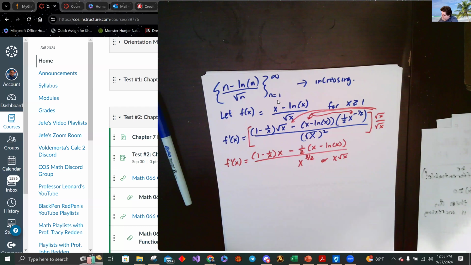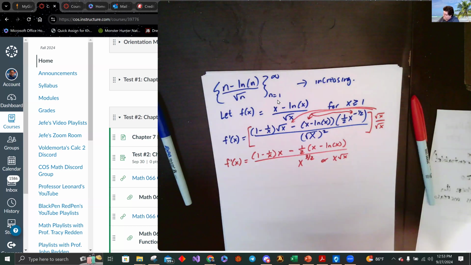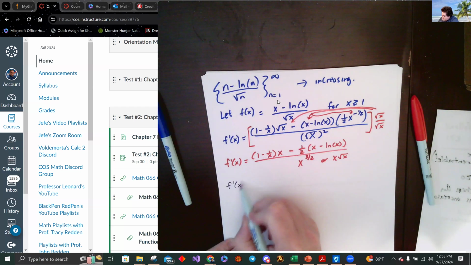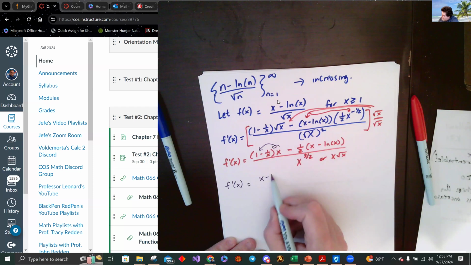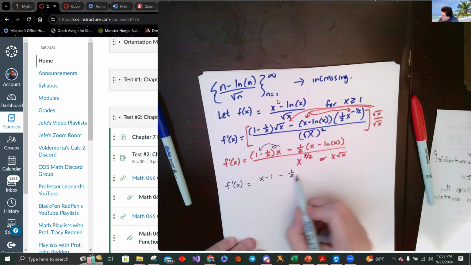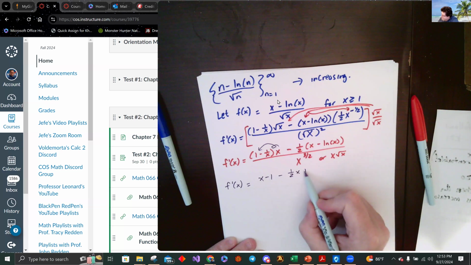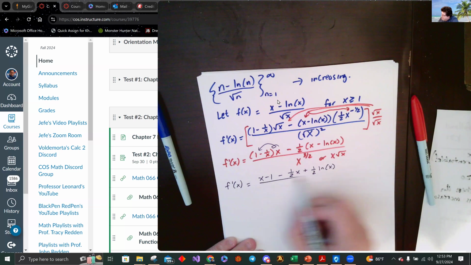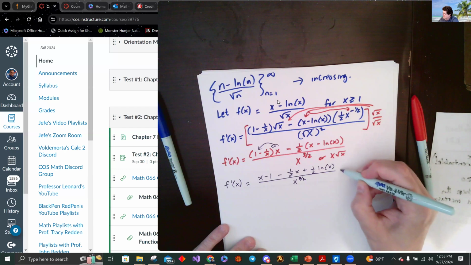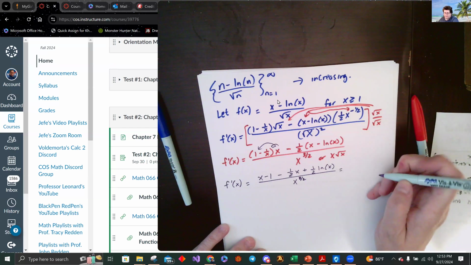And now we can clean up the top a little bit. Distribute the x. I've got x minus 1 minus 1/2 x plus 1/2 natural log of x all over x to the 3/2. So, you know what? I don't like these with the 1/2.